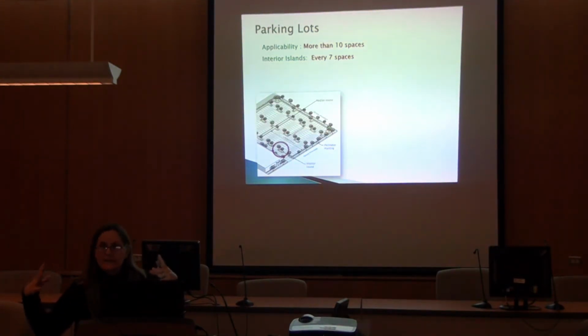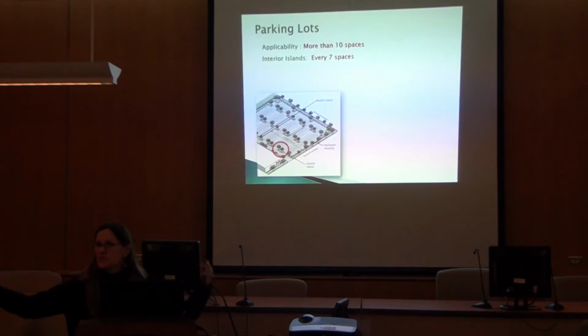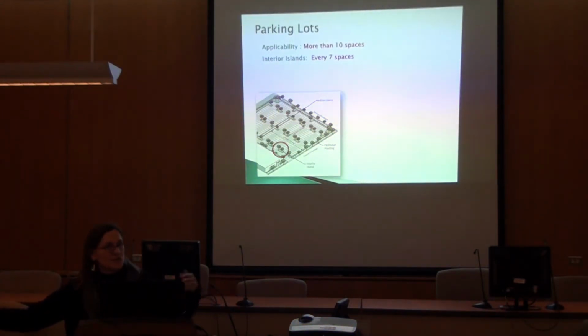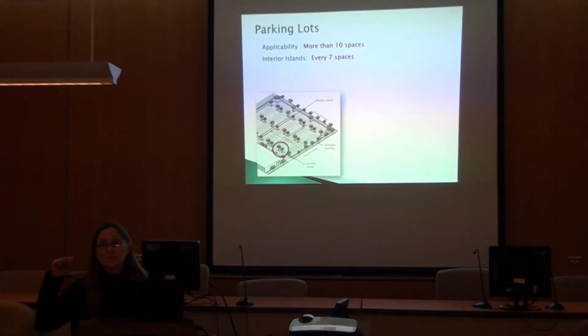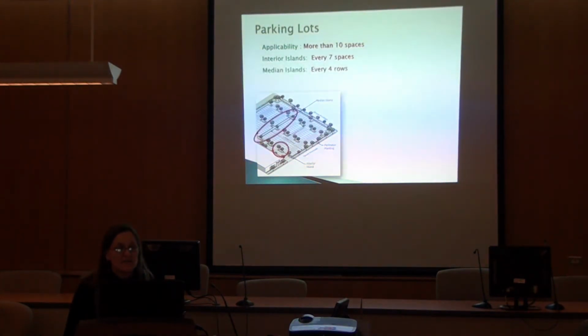Those are basically the little landscaped islands at the end of each parking row, usually with a tree or two in it. For every 7 parking spaces you have, you're going to need to put in one of these islands. That's actually a little less than what we've been requiring in the downtown under some of our existing C3 zoning conditions. But then we're putting some more things in there too.